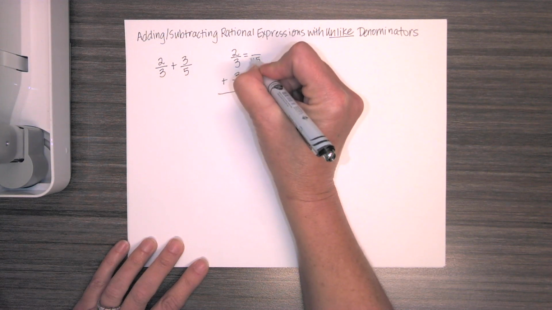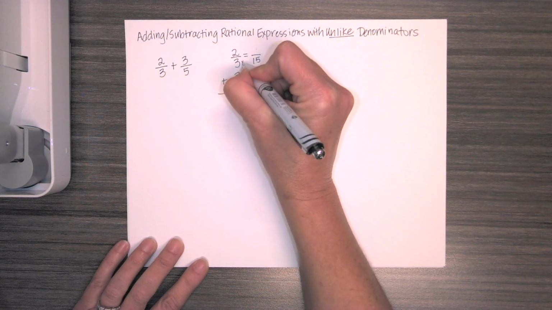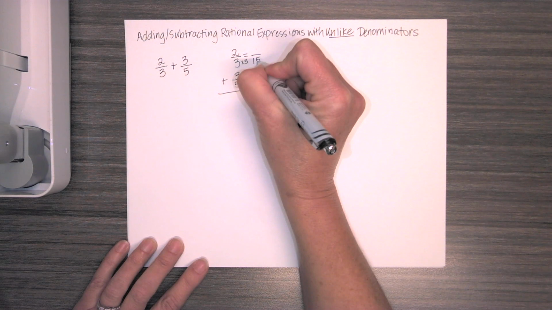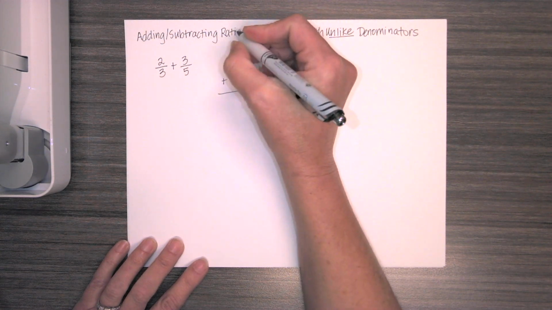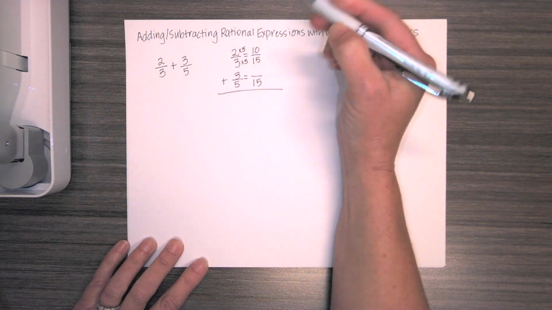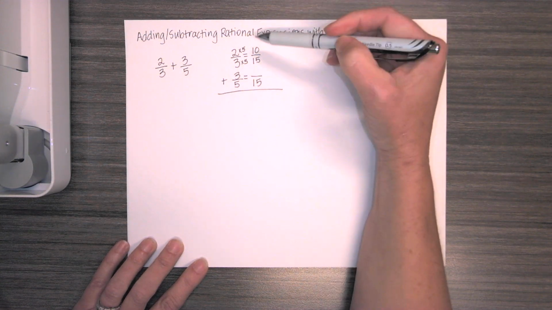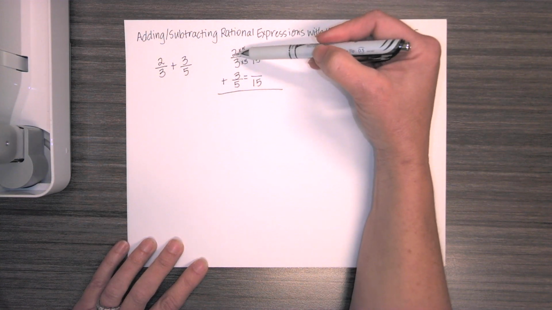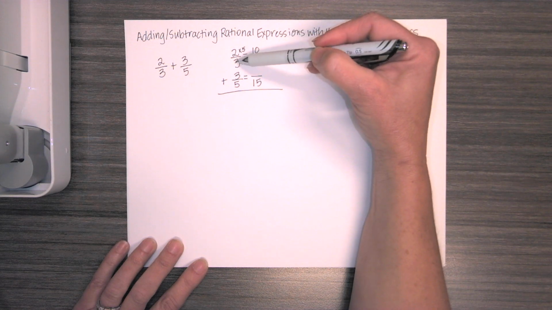I say 3 would have to be multiplied by 5 to give me 15, and whatever I do to the bottom of the fraction, I've got to do the same thing to the top, and so that's going to give me 10/15. Now if you think about this, you need to understand that 10/15 is equal to 2/3.